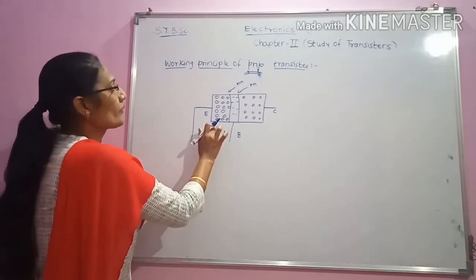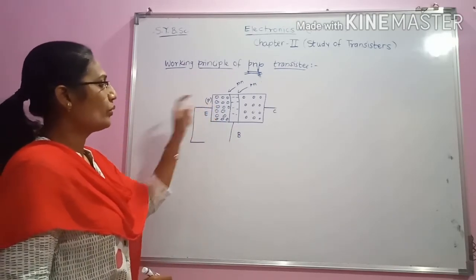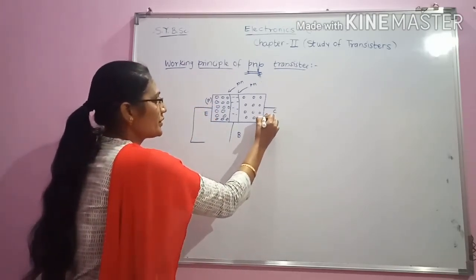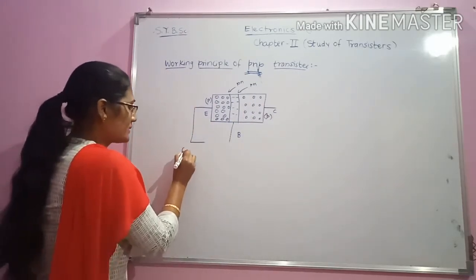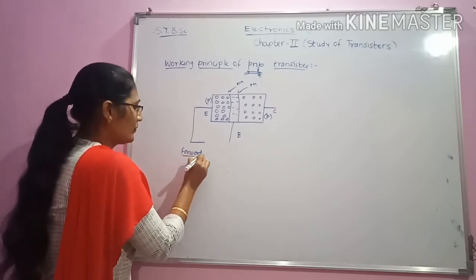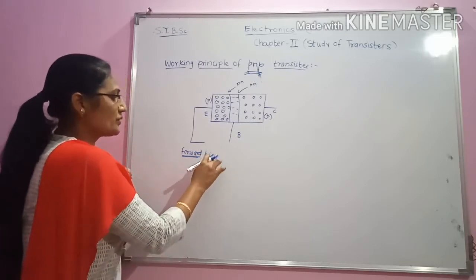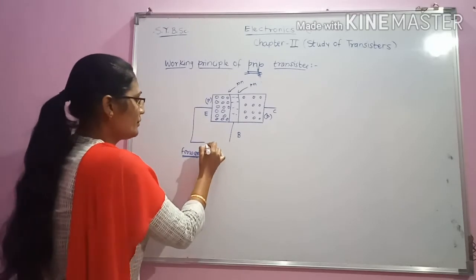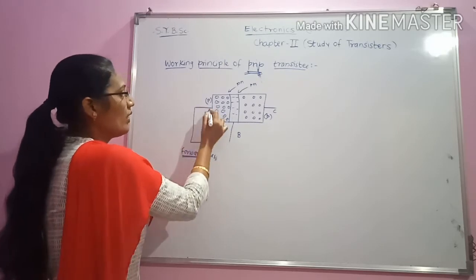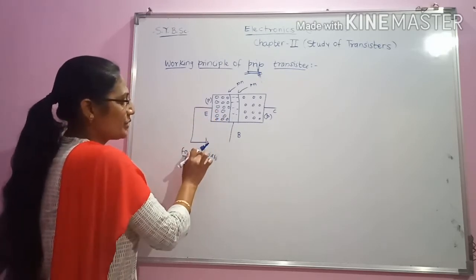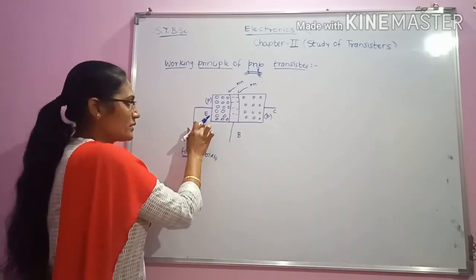Suppose this is the P region, made up of holes, so it is positive. The junction is forward biased when the positive terminal of the battery is connected to the emitter, because the emitter is made up of holes, it is positive.